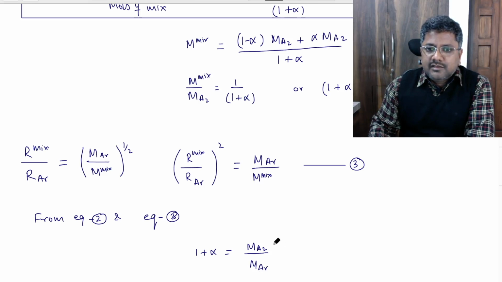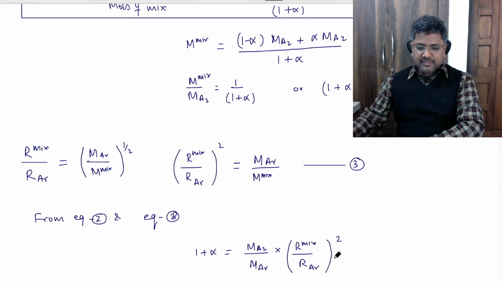So this will go into multiply R of mixture by R of argon square, right?